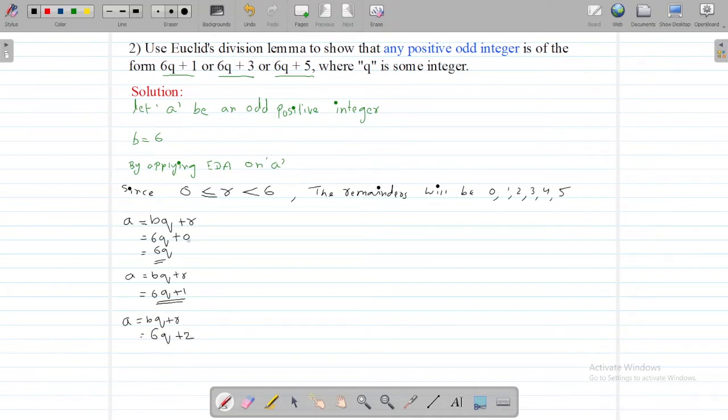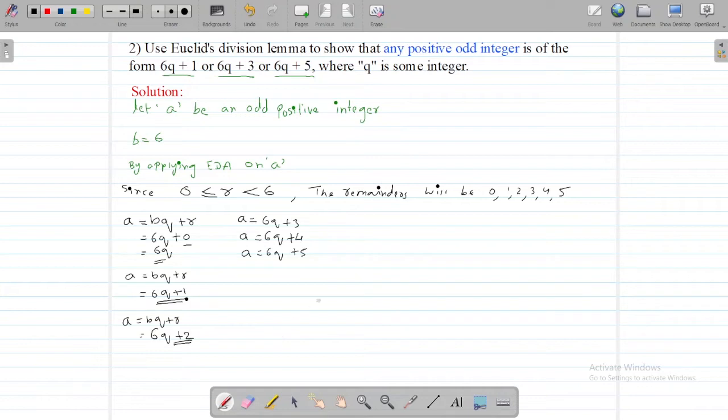Because the remainders are starting from 0, 1, 2, 3, 4, 5. So next we will get a is equal to 6q plus 3. Similarly, a is equal to 6q plus 4, and a is equal to 6q plus 5.